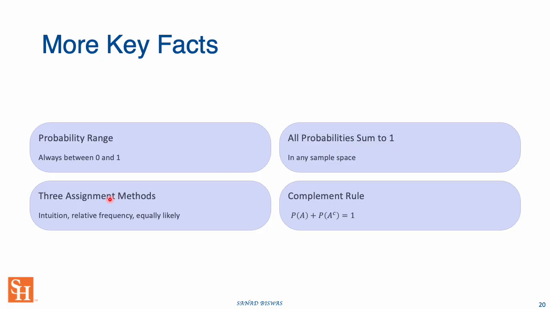We have also discussed three methods of finding probability: through intuition, through relative frequency, and how we can calculate probability for equally likely outcomes. And we also know that the probability of an event plus the probability of the complement of this event is always 1. That means the probability that something will happen plus the probability that it will not happen is always 1.